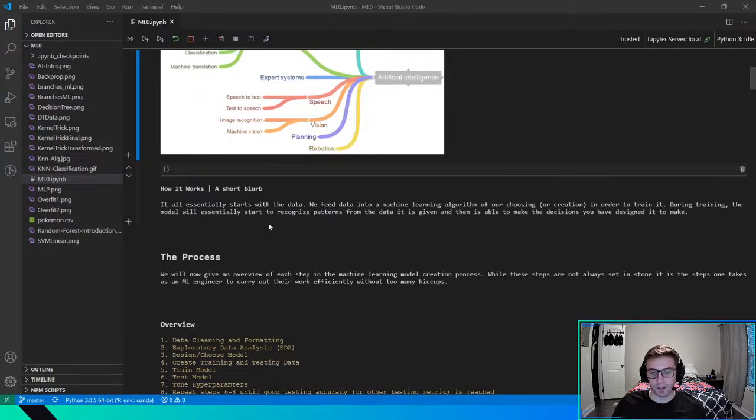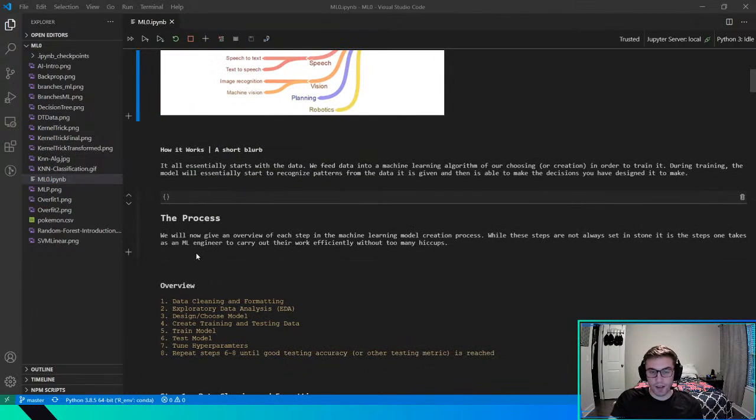Think of it like trying to teach a child: you need good lesson plans in order for them to learn well. So during training, the model will start recognizing patterns and relationships from the data that's given, and then it can make decisions in the future based on that. You can think of the data as experience, and as you show them a variety of different experiences, they'll learn these patterns and relationships, and then in the future be able to see those same patterns and replicate them, like what humans do.